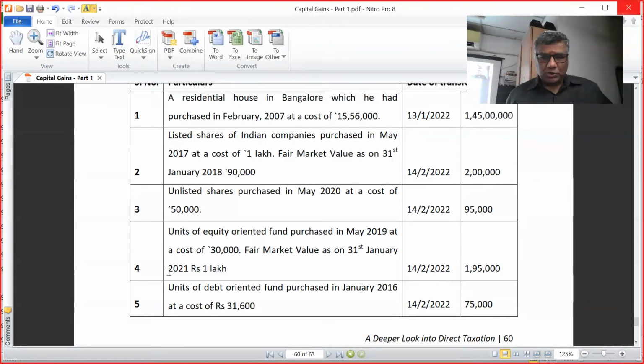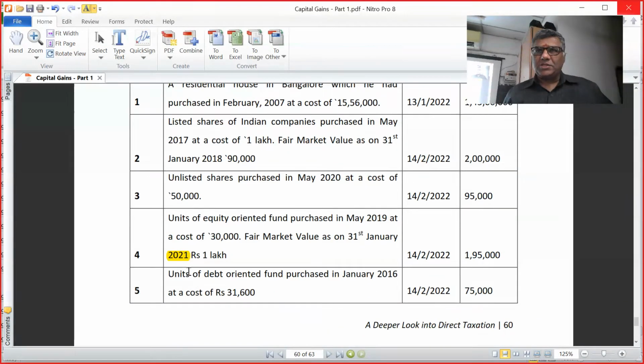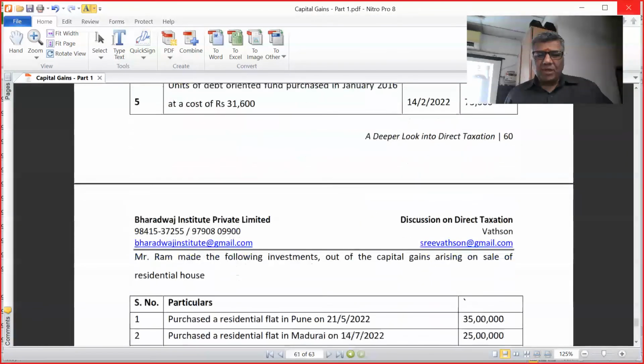This is also 31st March 2018. Okay, 1 lakh, because that's also equity shares or units of an equity oriented fund. Units of debt oriented funds. Debt oriented funds is like debentures, no indexation. No indexation, remember? Okay, 75,000.